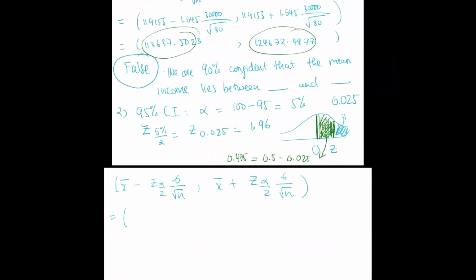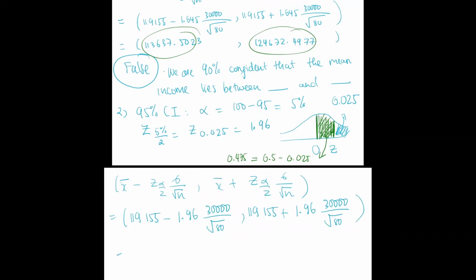So now I substitute in what is X bar and then what is z. I just calculate 1.96, and then the population standard deviation and then square root of n. And I would do the same thing for the upper bound, but I just add. This one here. Okay.